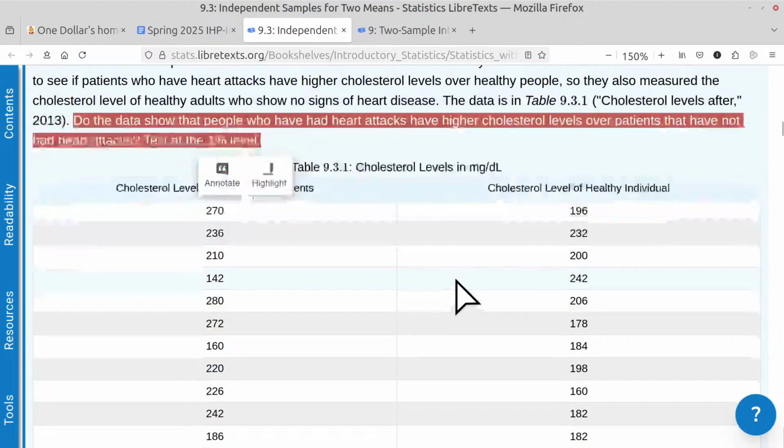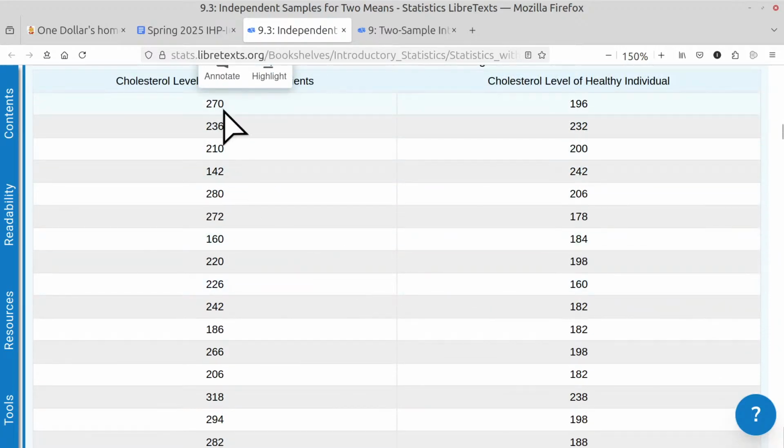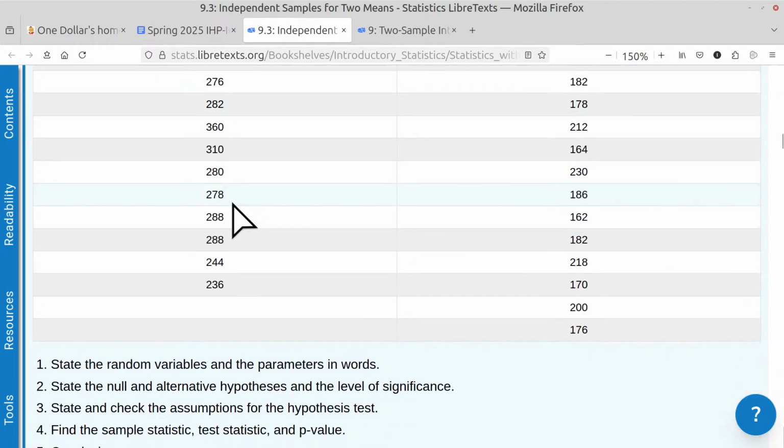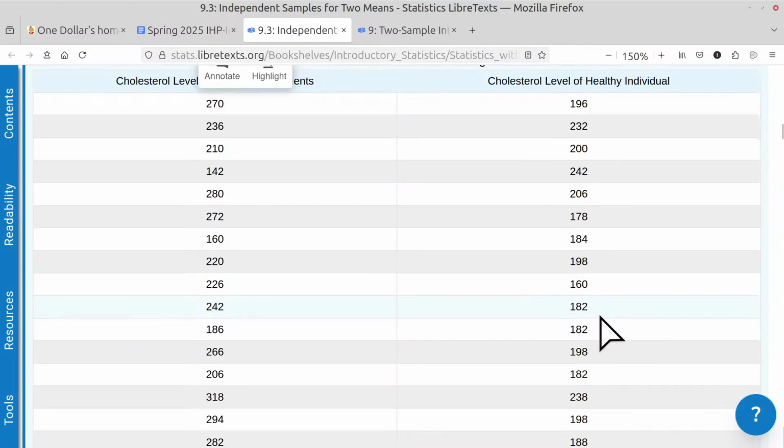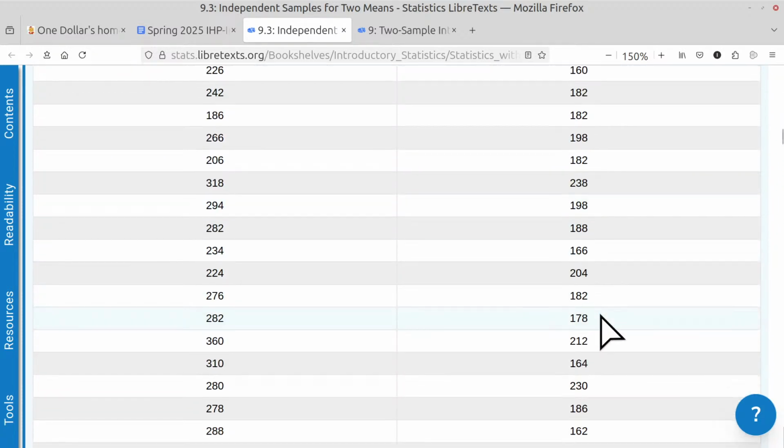The first column shows 270, 236, 210, and so on. And the second column, cholesterol level of healthy individuals: 196, 232, 200, 242.